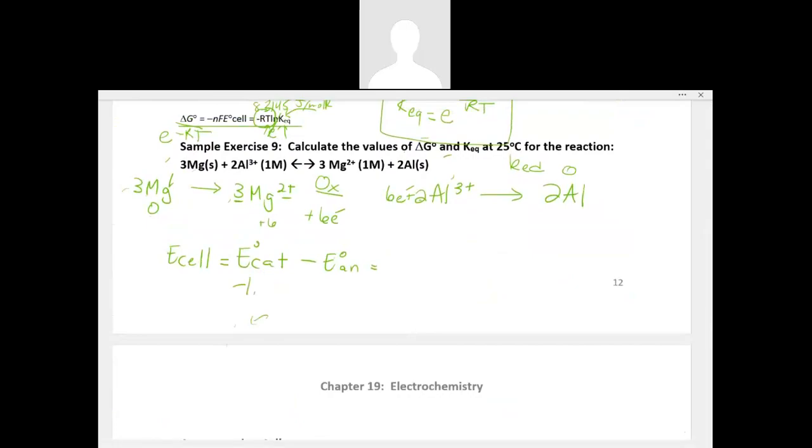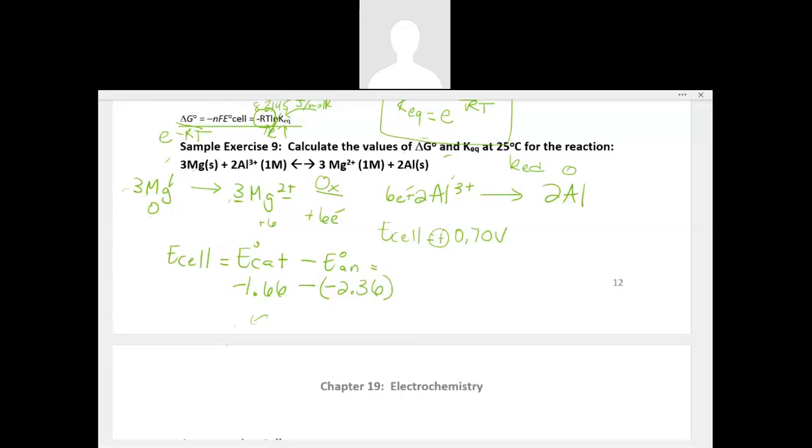And then you would have to look up on another table, or you'd be given this information in a question if it's not in the table, negative 2.36. This is my value at my anode for the reduction of magnesium. To solve for E cell, we're going to have negative 1.66 plus 2.36. So we're going to see that our E cell is equal to a positive 0.70 volts.